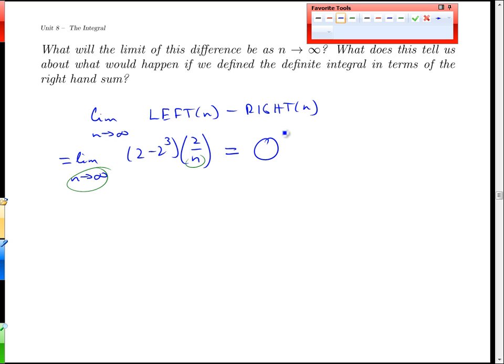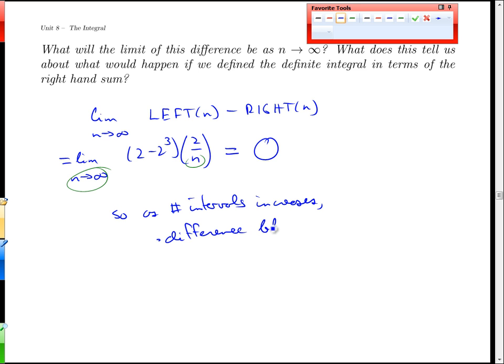What does that tell us? Well, n is the number of intervals. And as that increases, well, let's do this in 2 stages. There is a difference between the left and the right-hand sums, absolutely. No matter what number of intervals we pick, there's always some difference between them.